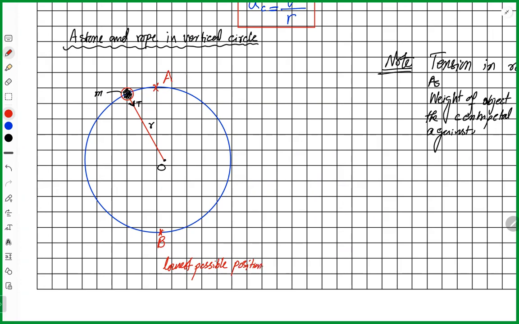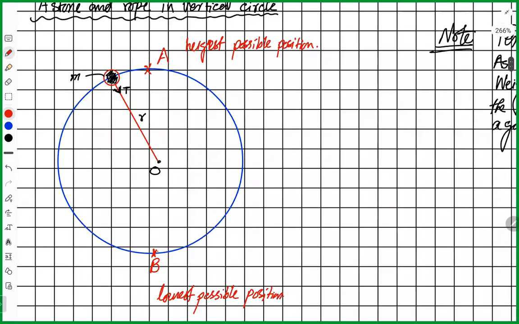And this is the highest possible position. Now, pay attention. When the object is at A, the centripetal force is acting downwards.